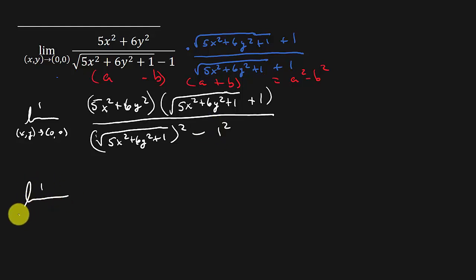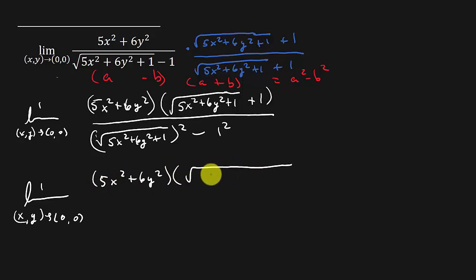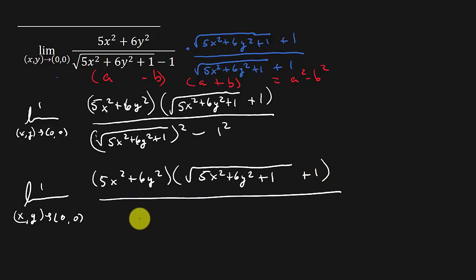And so that's going to give us the limit as (x, y) goes to (0, 0) of 5x squared plus 6y squared times the square root of 5x squared plus 6y squared plus 1, and then plus 1, over 5x squared plus 6y squared plus 1 minus 1.